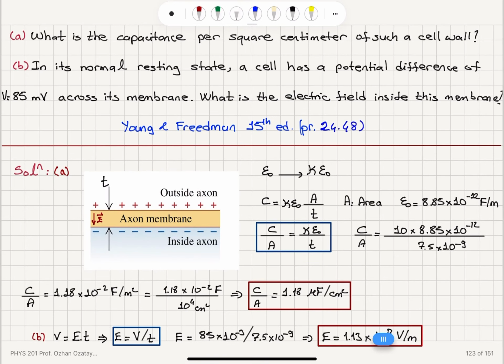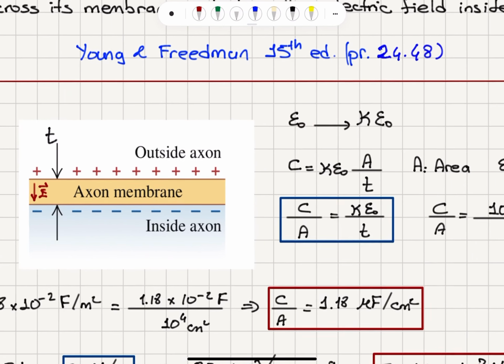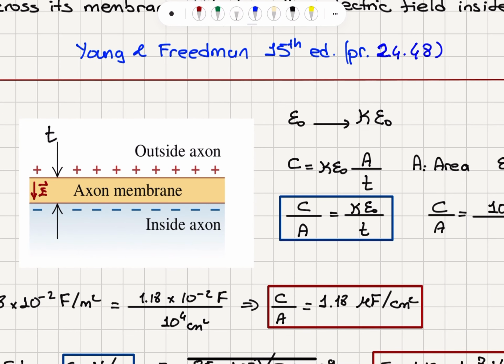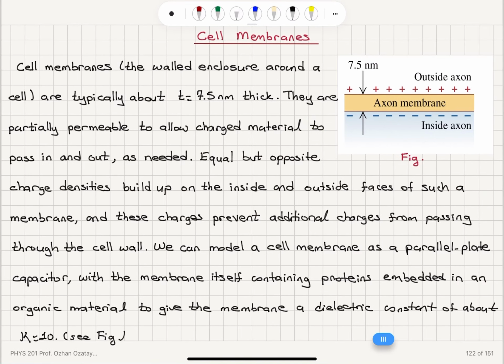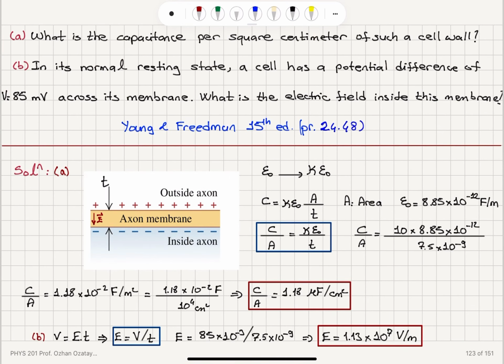All right, so we're talking about the cell wall again. It's basically a parallel plate capacitor. It's semi-permeable to charges, so we have a charge build up, positive charges on one side, negative charges on the other side, and it is filled with a dielectric material, organic material. Kappa is equal to 10.